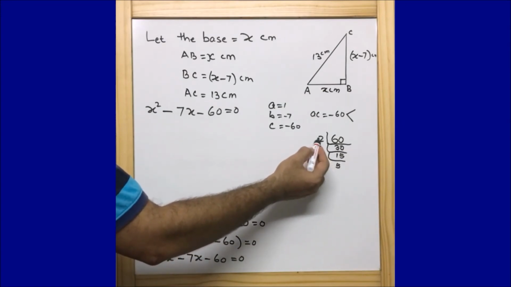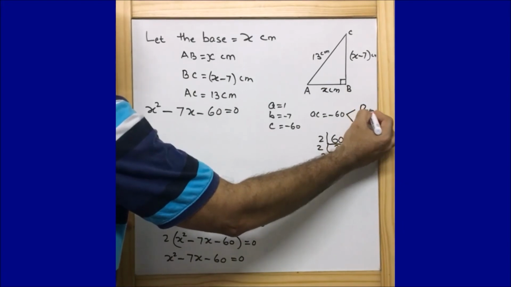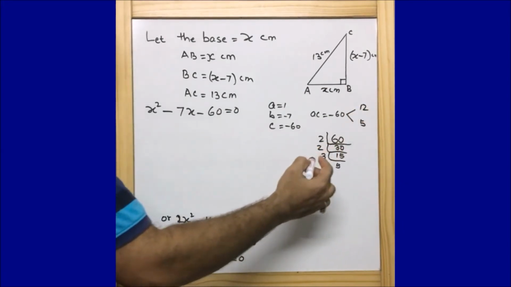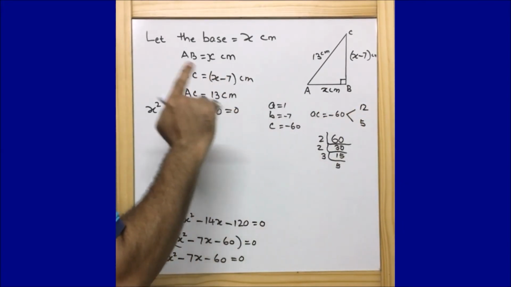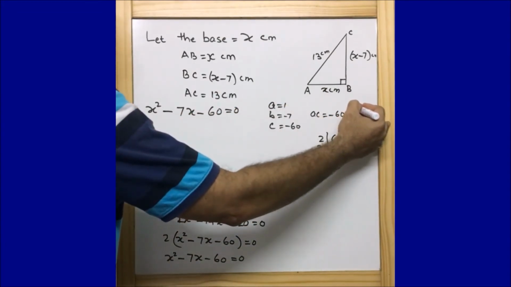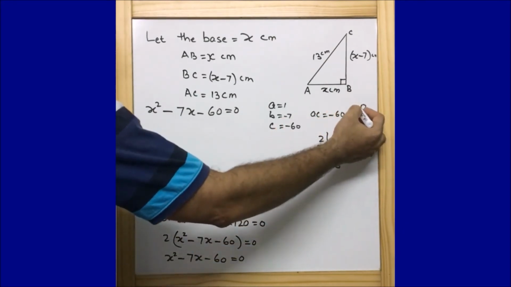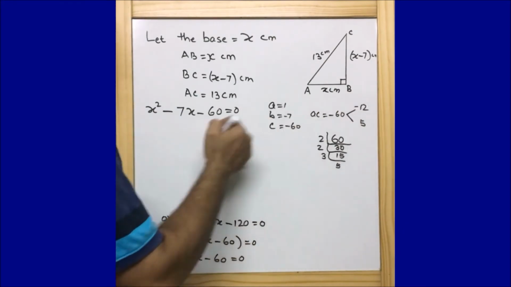Now if I take 2 into 2 into 3, that is 12, and consider 5 here, so 5 12s are 60, but we require minus 60, and here also we require minus 7. So if I take minus 12 into 5, we will get minus 60, and if I take minus 12 plus 5, we will get minus 7.